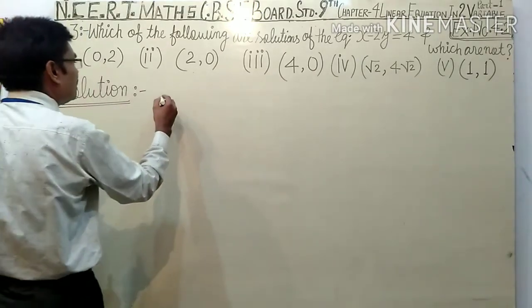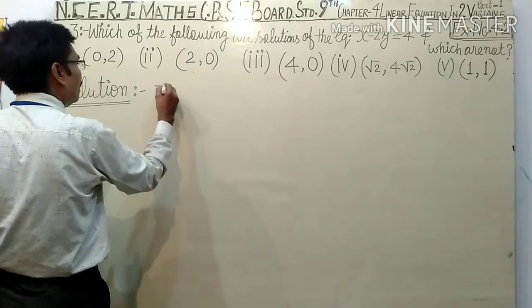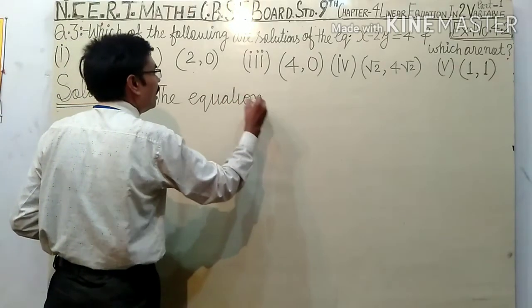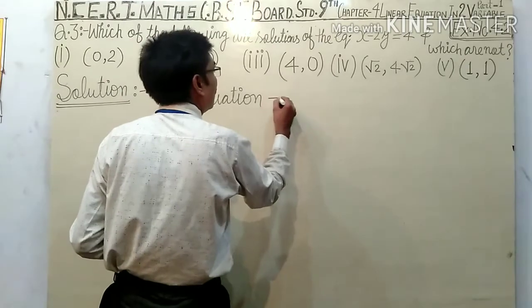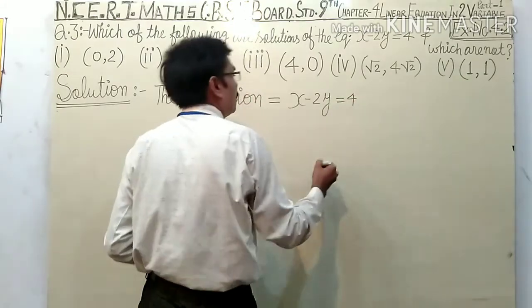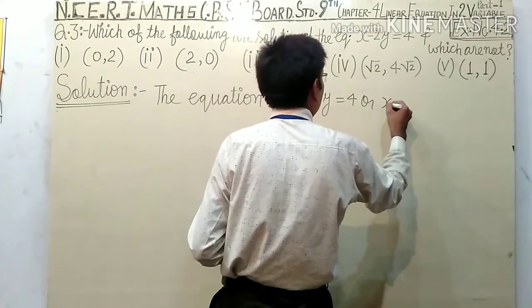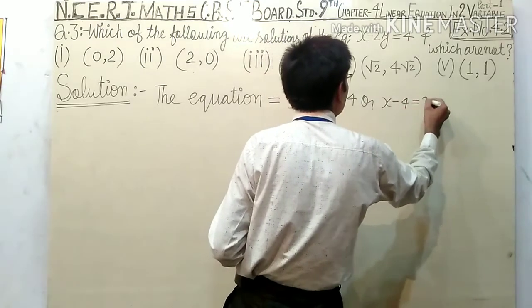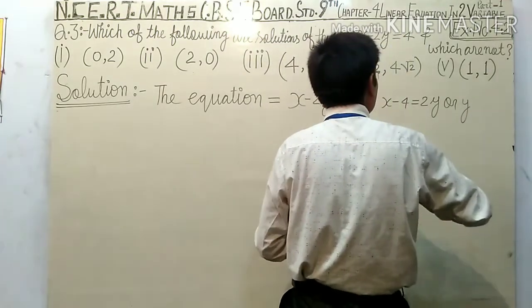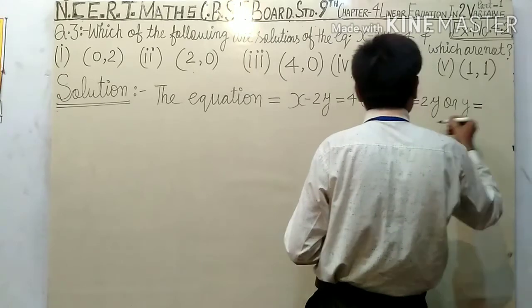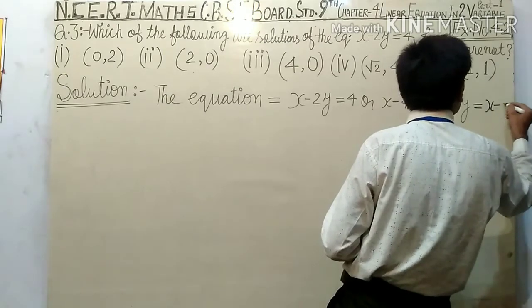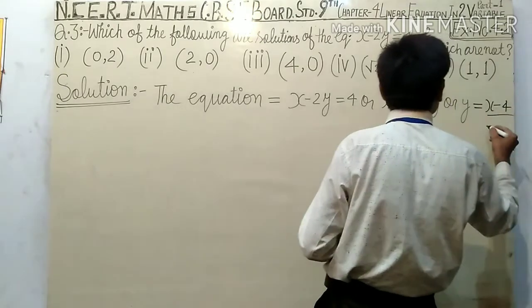First, write the equation. The equation is x minus 2y equal 4, or x minus 4 equal 2y, or it means y equal x minus 4 by 2.